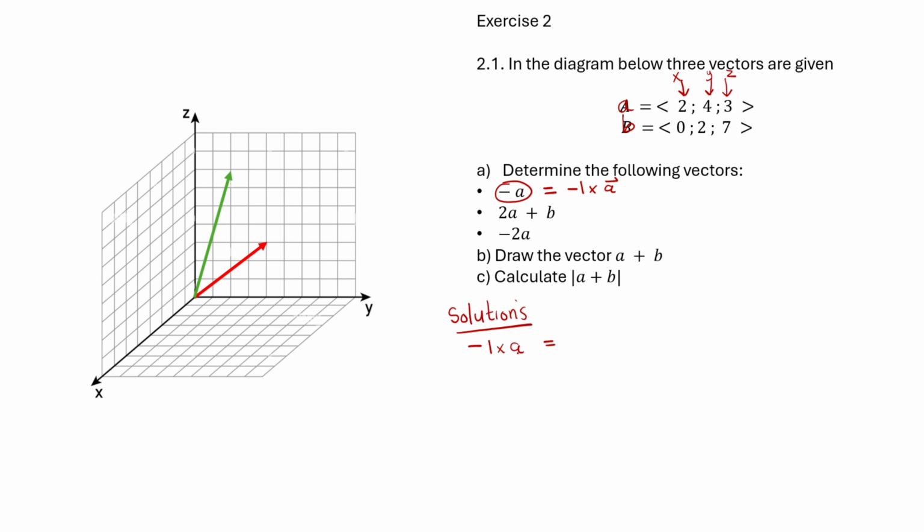So you get negative 1 times the x component 2, then negative 1 times the y component 4, then negative 1 times the z component 3. So vector negative A will be given by negative 2, negative 4, negative 3.